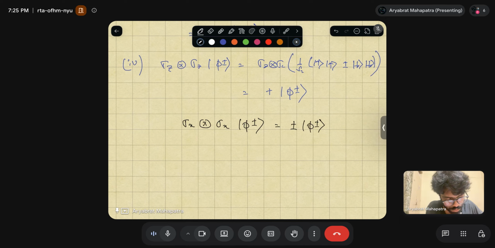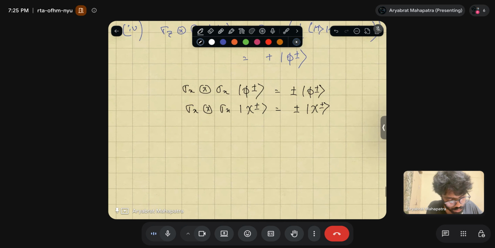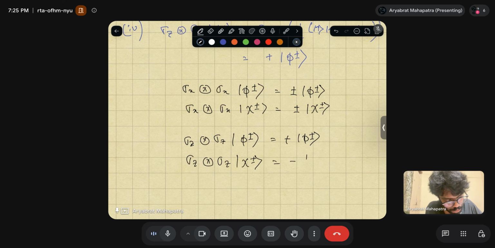And if you do sigma x cross sigma x on chi plus minus, you can check this one, you will get plus or minus chi plus minus. And sigma z cross sigma z on phi plus minus, as we have seen, will give you plus phi plus minus, and sigma z tensor product sigma z on chi plus minus will give you minus chi plus minus. So you will get an overall minus sign.